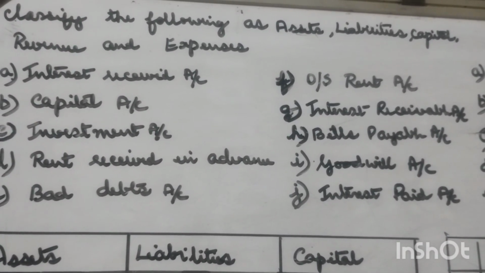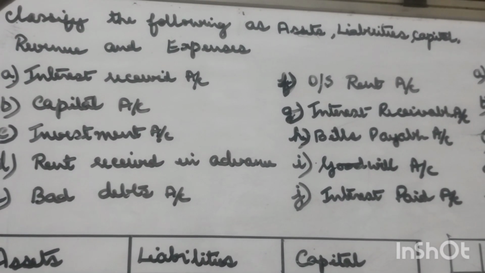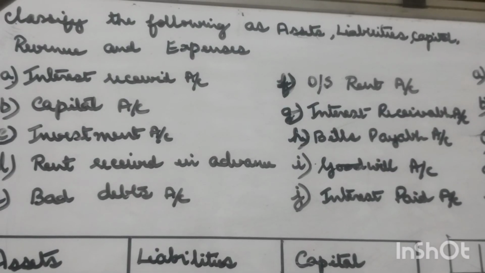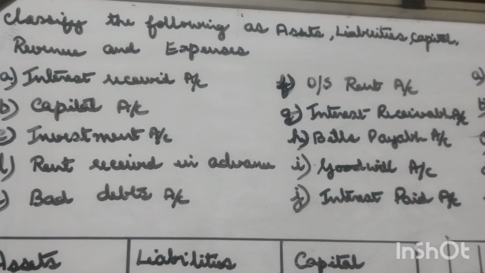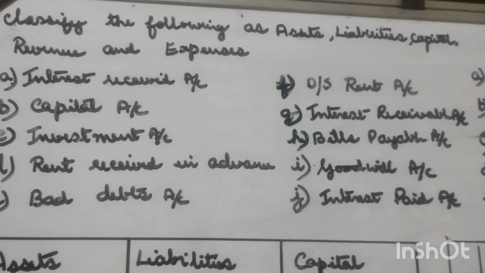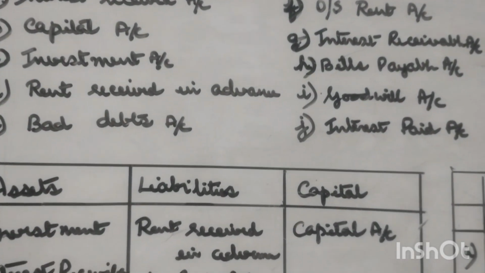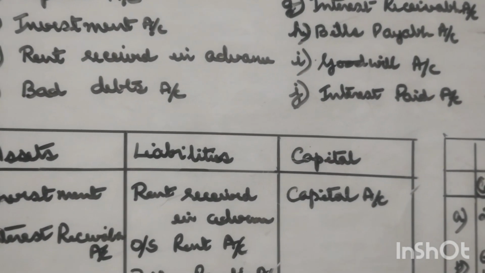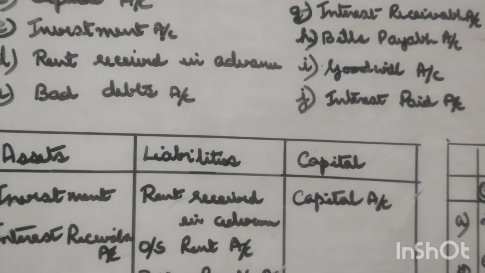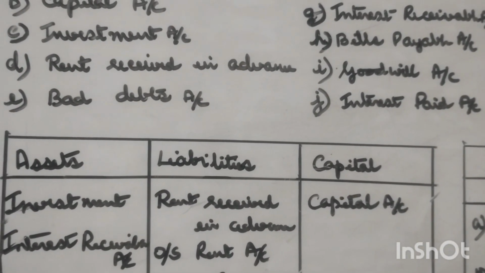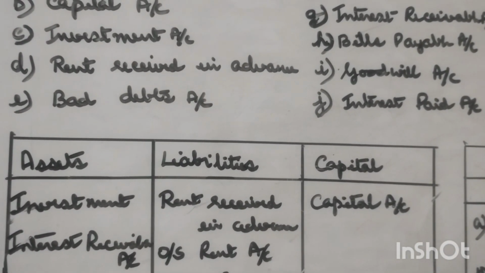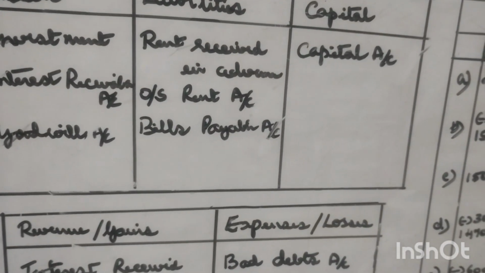Various accounts are given in the question: interest received account, capital account, investment account, rent received in advance account, bad debts account, outstanding rent account, interest receivable account, bills payable account, goodwill account, interest paid account. So we will classify these accounts as assets, liabilities, capital, revenue or gains, expense or losses.